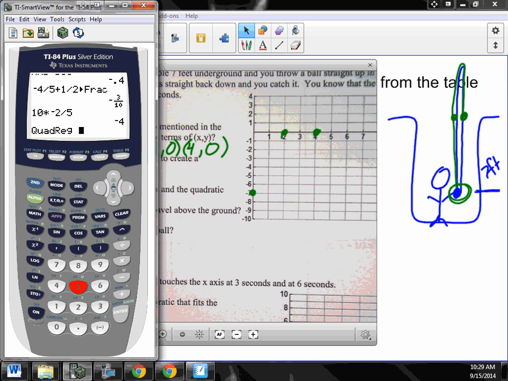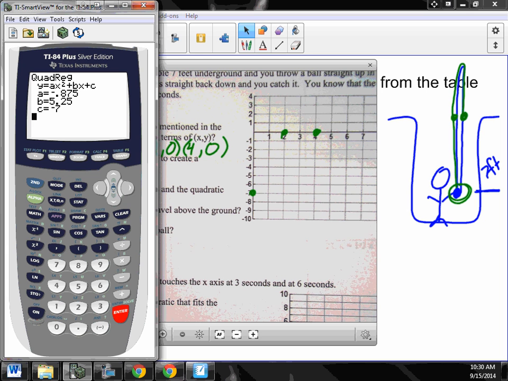Did yours say X variable, Y variable? That's what mine says. Okay. So hit enter. If yours has a big list, go down to where it says calculate and hit enter. And you should get this. If you don't get that, let me know.